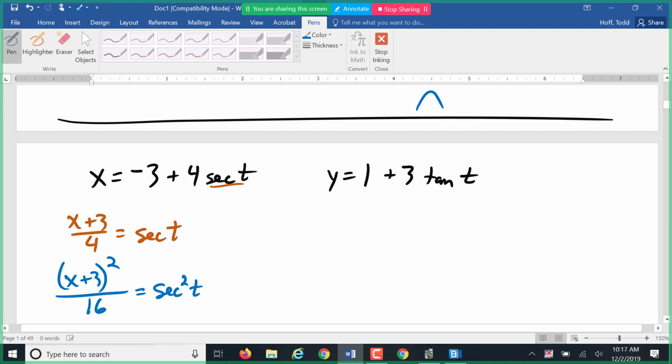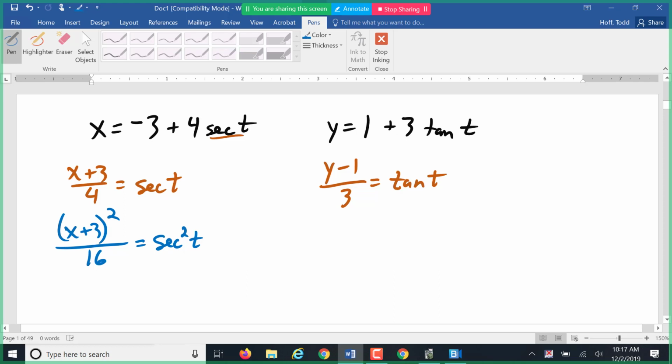Over here for y, I'm going to do the same thing. Subtracting 1 and dividing by 3 gives me y minus 1 over 3 equals tangent of t. Squaring that then, y minus 1 squared over 9 equals tangent squared of t.